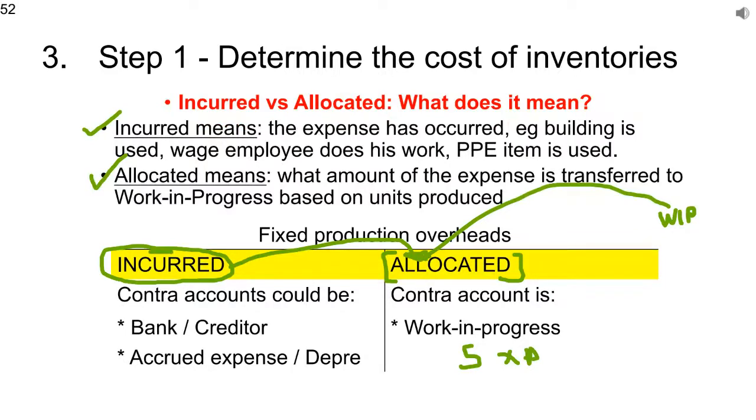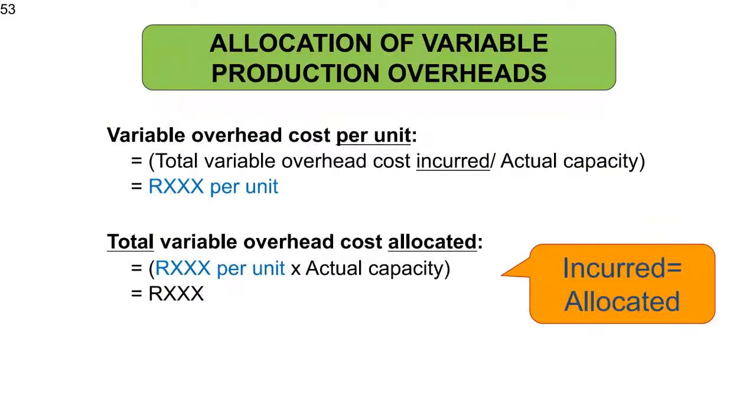Now, this is just a recap again of yesterday's lecture. We said variable production overheads, very easy to allocate. We just take the actual that we've incurred, and we divide it by what we've actually produced, and that gives us a cost per unit, basically. Right?